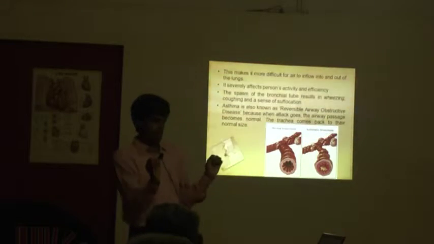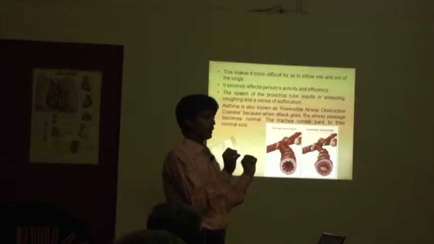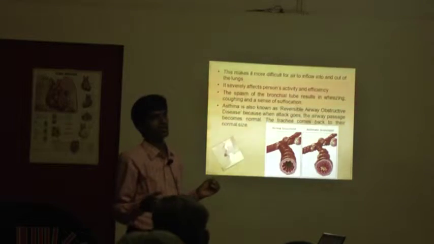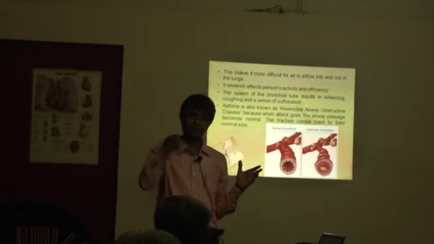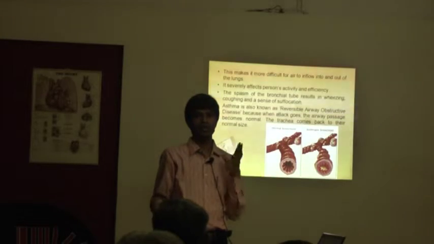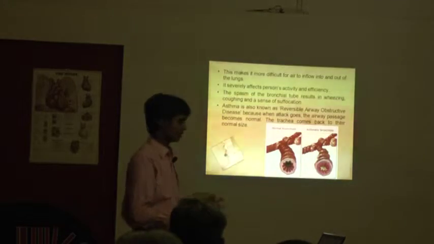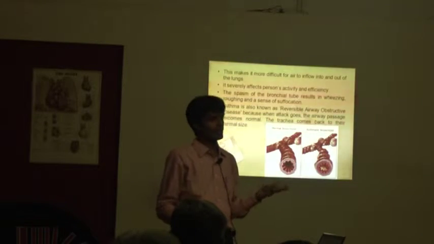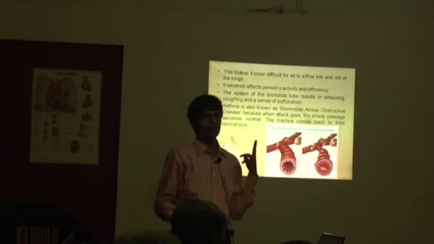So as soon as there is a constriction, the airway area will be less. So naturally you can understand the air which is going inside will have less space to go. Okay. So the first reaction will be the constriction. The second reaction will be the mucus release.